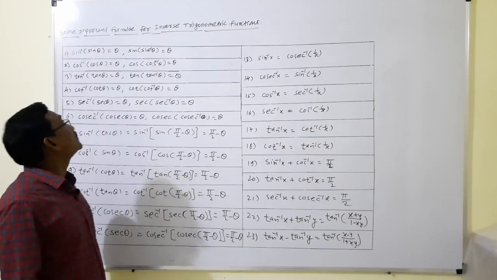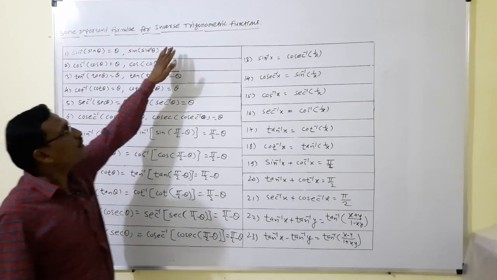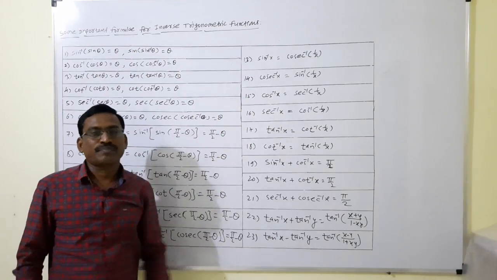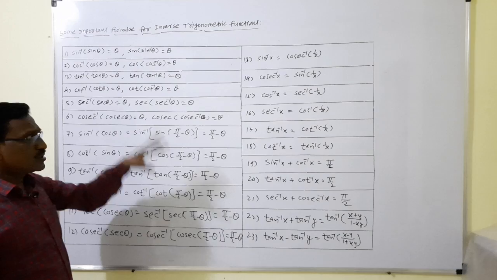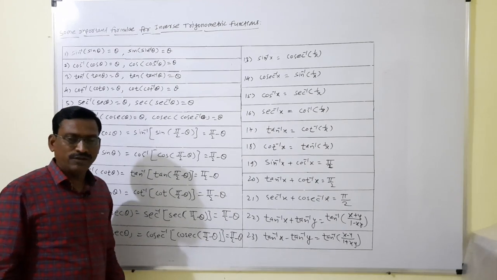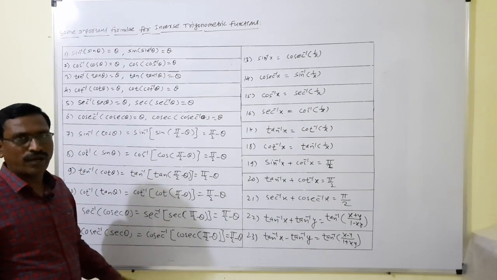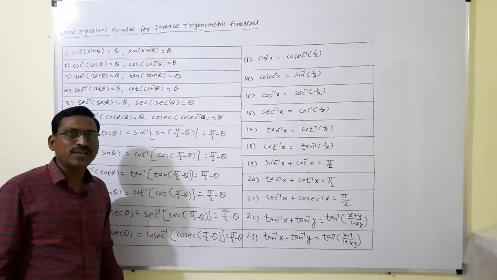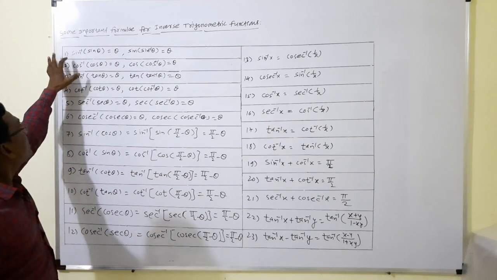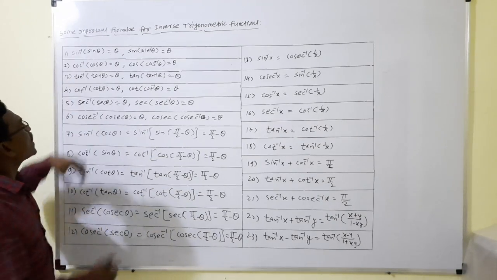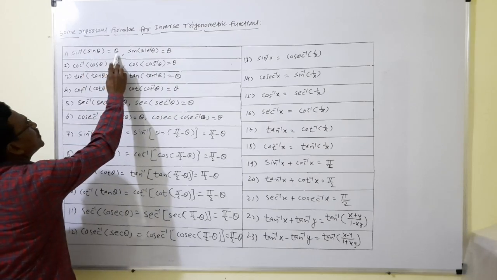Now we take some important formulae for inverse trigonometric functions. We have to use these formulae when we solve exercise 1.1 examples of inverse trigonometric functions. First, sine inverse of sine theta is theta.